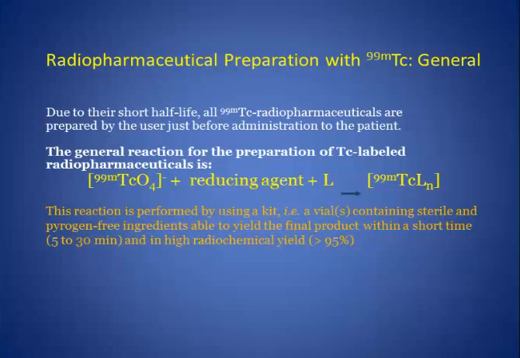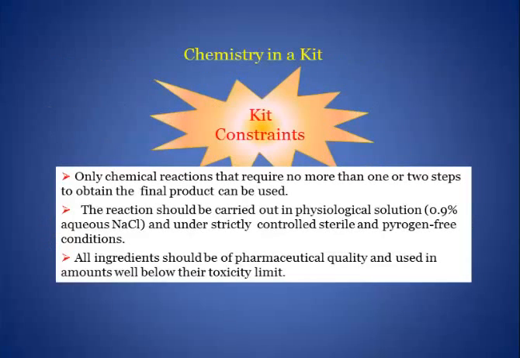The reaction is performed using a kit vial containing sterile ingredients able to yield a product within a short time. That's the criterion in medicine for a kit. Usually the chemical reaction requires no more than 1-2 steps. The reaction should be carried out in physiological solution, under strictly controlled sterile, pyrogen-free conditions. All ingredients should be of pharmaceutical quality and used in amounts below their toxicity.